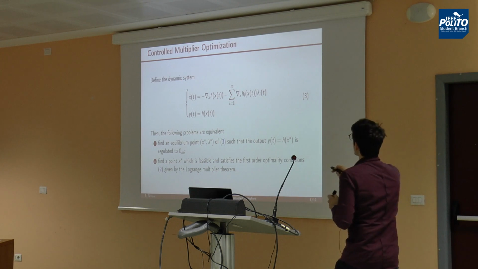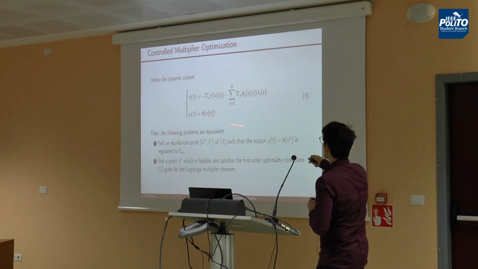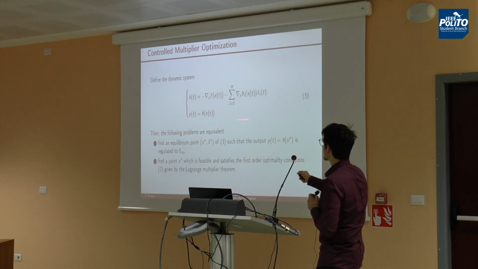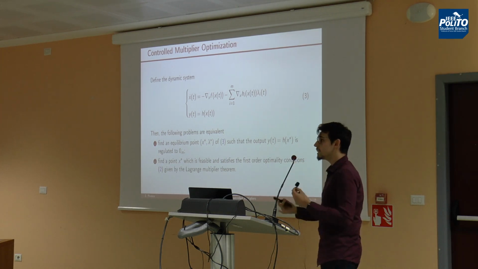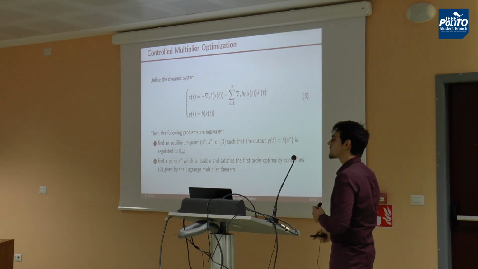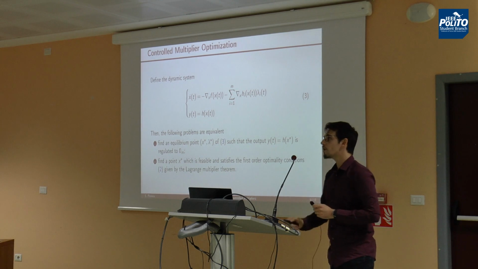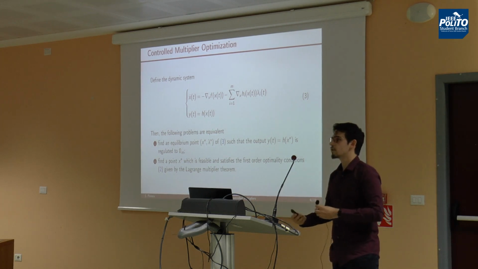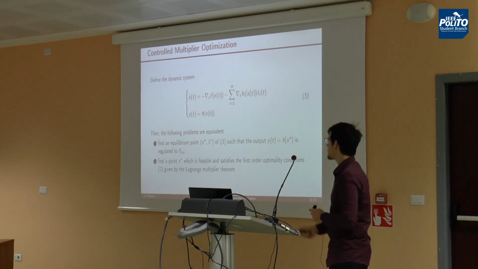Then it is a very easy consequence of this definition that if you are able to find an equilibrium point for this dynamical system, by definition of equilibrium point, the first order optimality conditions are satisfied. And moreover, if this equilibrium point is such that your output is regulated to 0, you also have that your equilibrium point is feasible, which means that all your constraints are fulfilled.